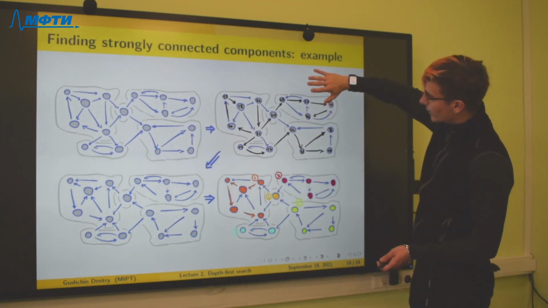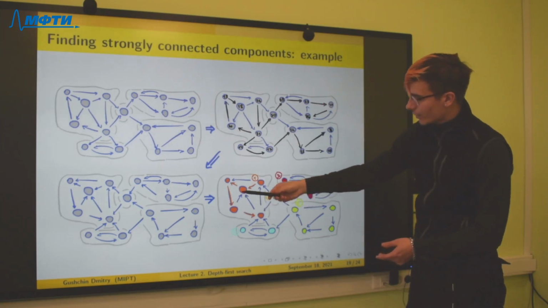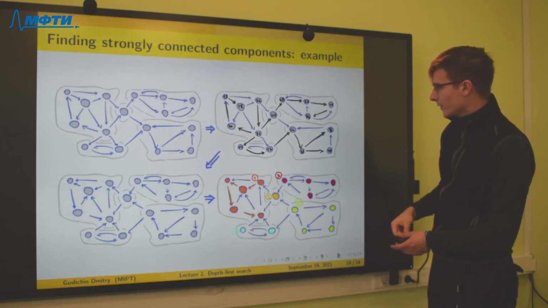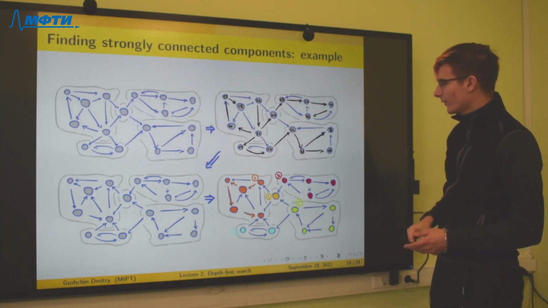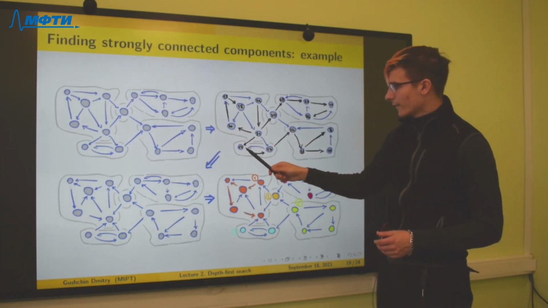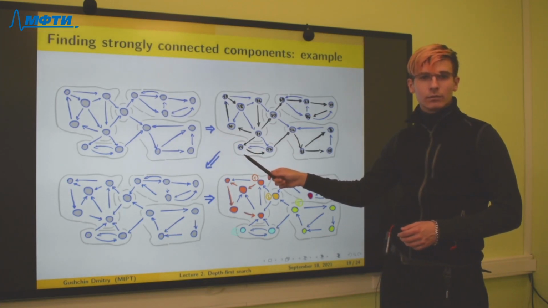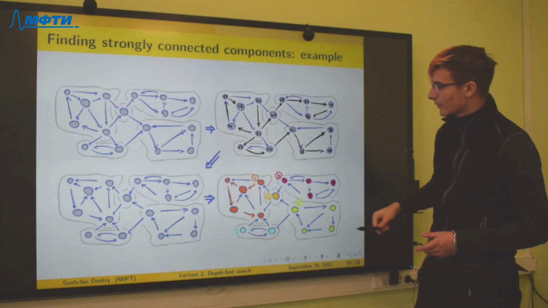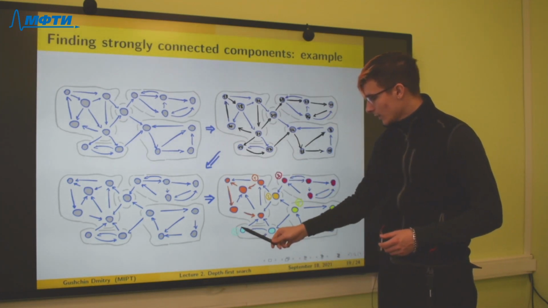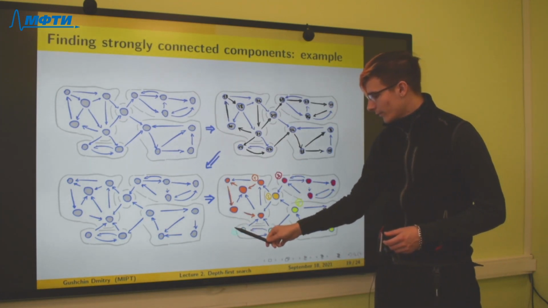When we finish with the red, yellow and orange connected components, we see that in the other parts of the graph we have 14 as the biggest number. And so we start the DFS visit from this vertex, and we visit 2 vertices.